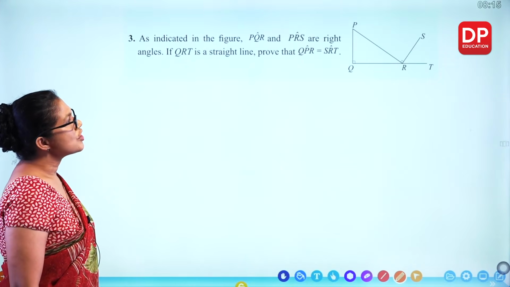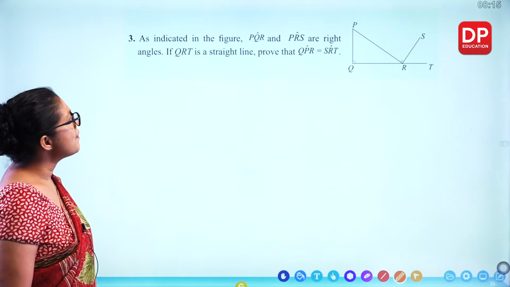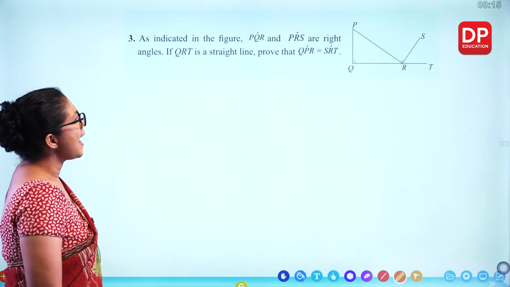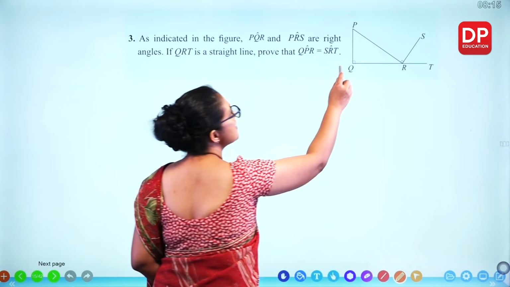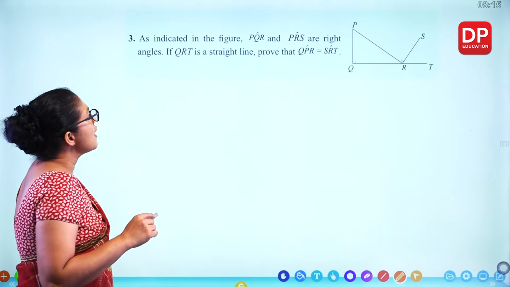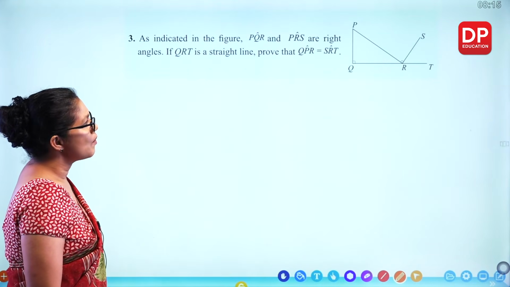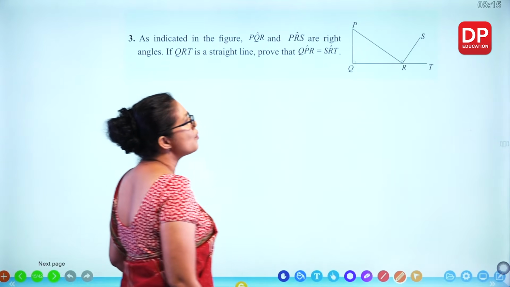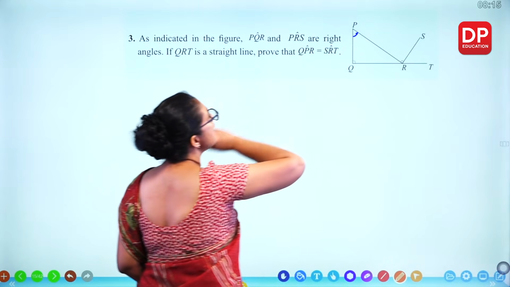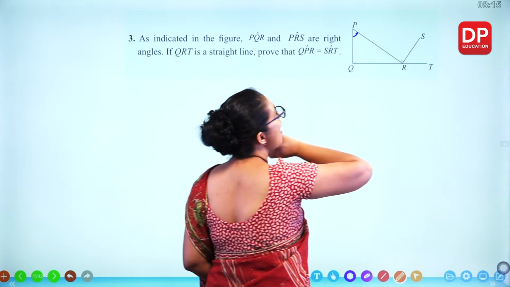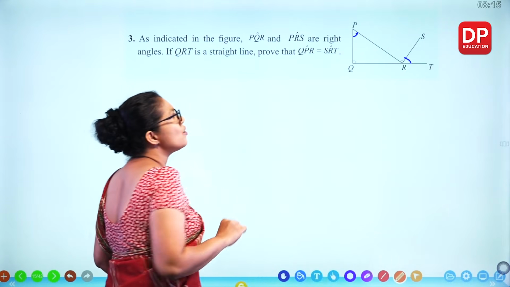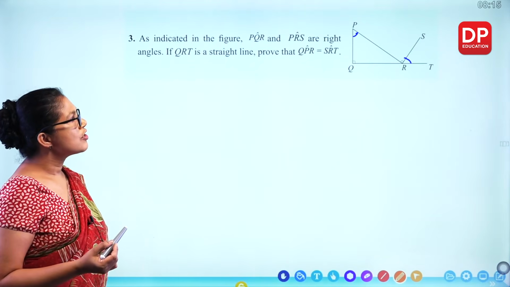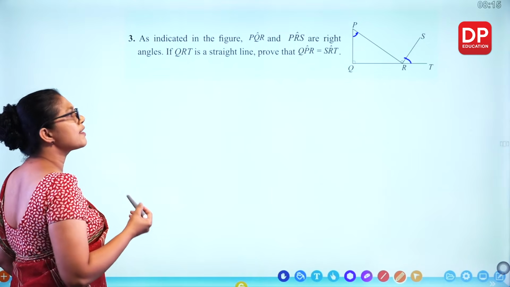We'll look at the third question. It says, as indicated in the figure, PQR and PRS are right angles. So here it's given. If QRT is a straight line, prove that QPR is equal to SRT. We need to show these two equal to that. Okay, when you look at the big triangle, PQR triangle, what can we say?